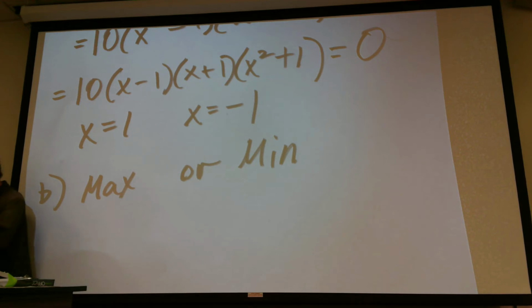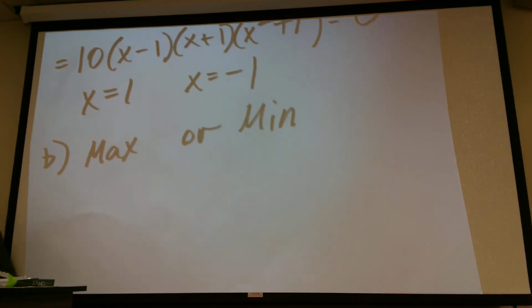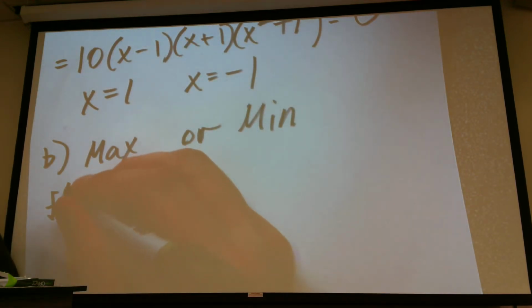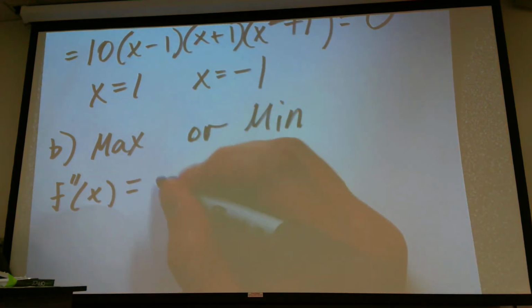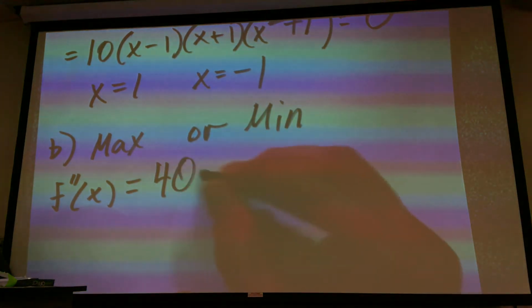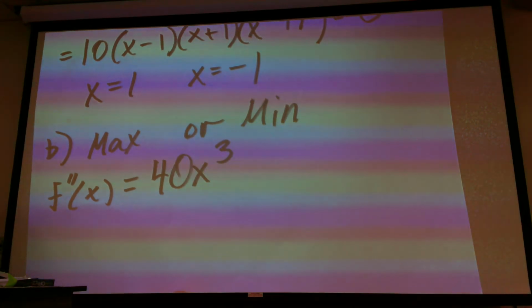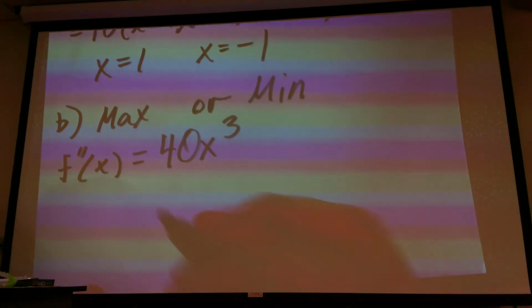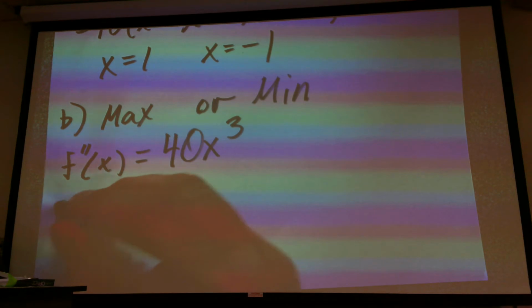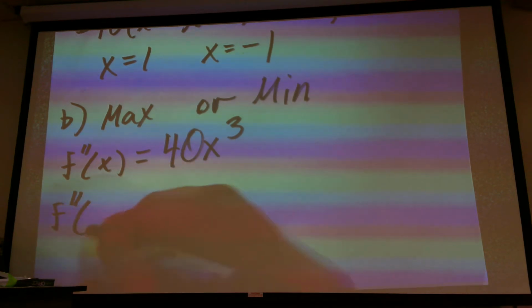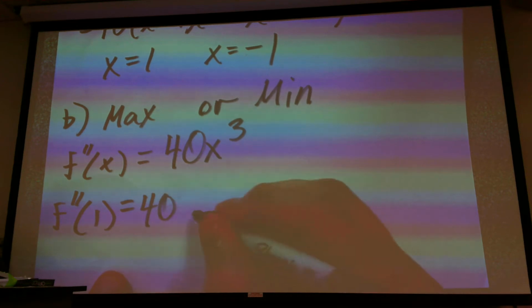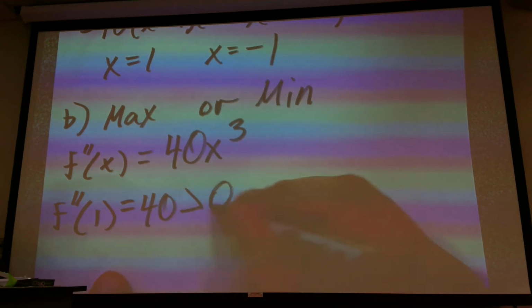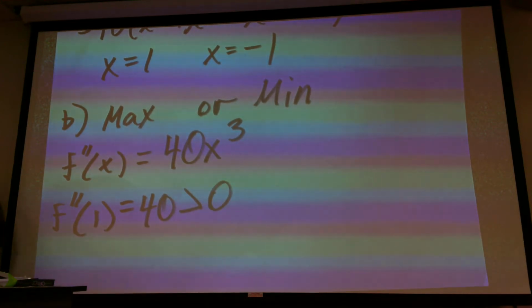So let's take the derivative again. f double prime of x is going to equal 40x cubed. So f double prime of 1 is going to equal 40, which is greater than 0.